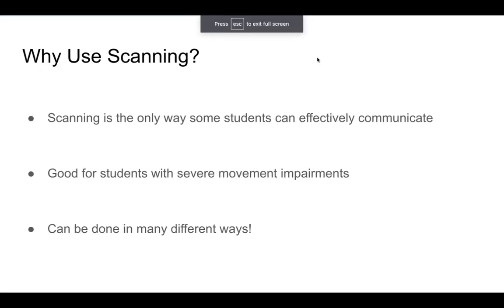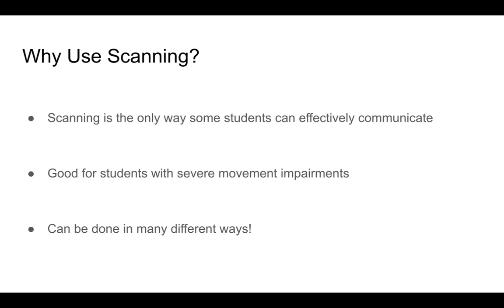So why would we use scanning at all? Scanning is really good because for some people, honestly, it's the only way they can effectively communicate. Either they have such severe motor limitations that direct access in any form, with their eyes, with their hands, any way, just isn't possible for them. And it can be really flexible.